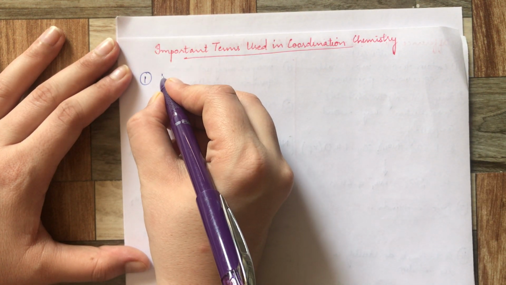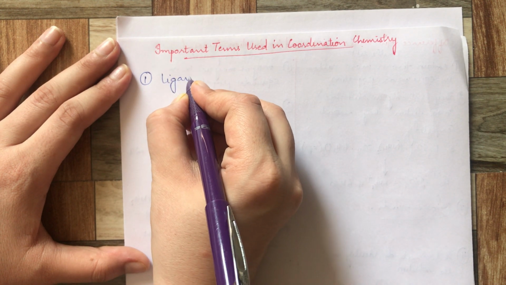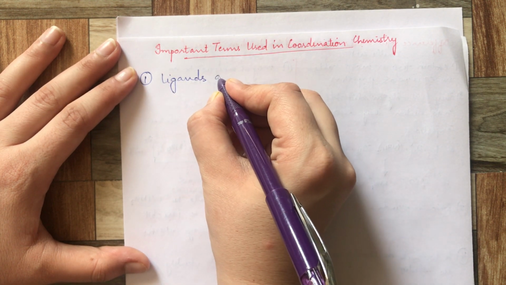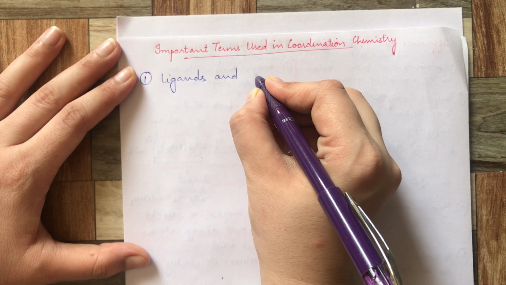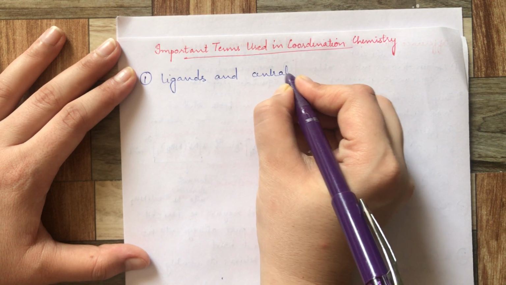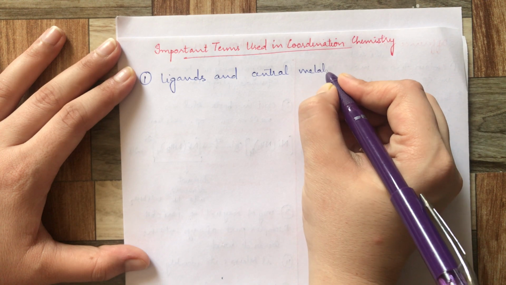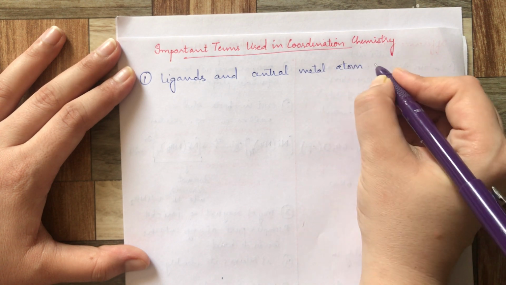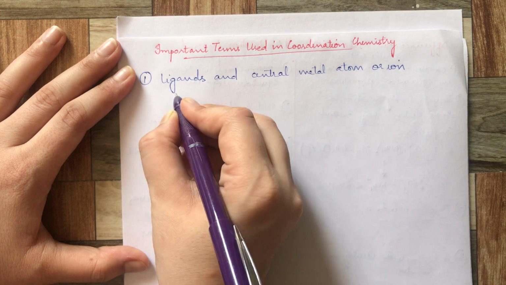First we'll talk about the ligands, and along with it we'll discuss the central metal atom or ion.